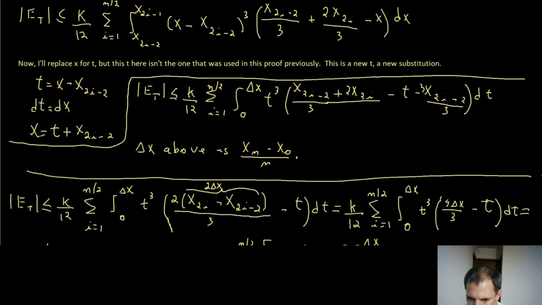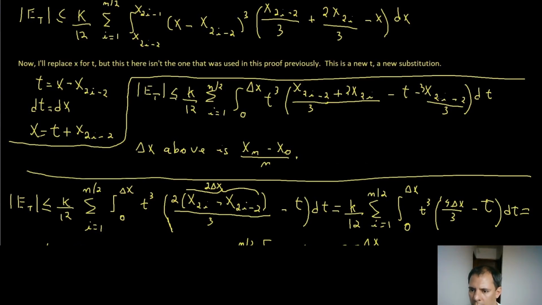Okay, now let's see here. This confusing stuff. Up to this point, everything is being copied over here. Okay, you have a t cubed. And now you have x sub 2i minus 2. I'm sorry. Because I added this, right?